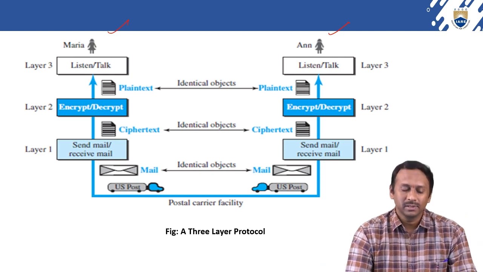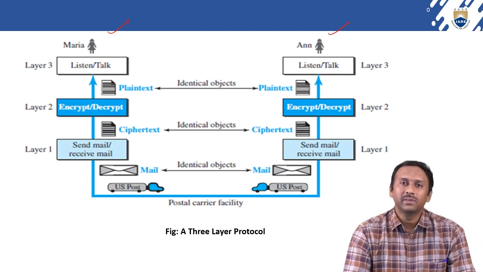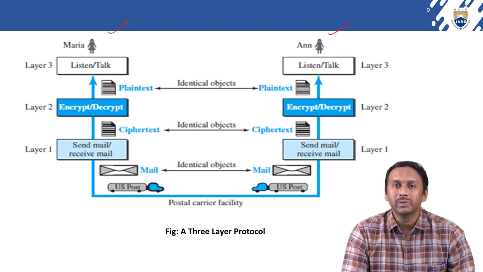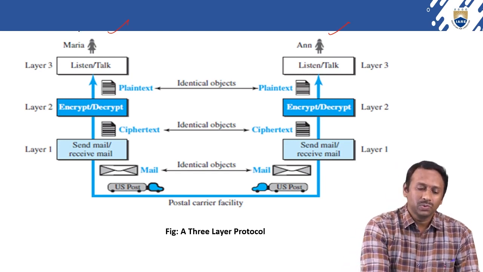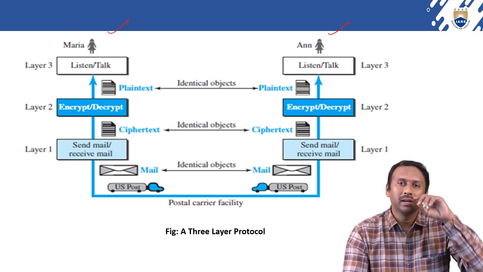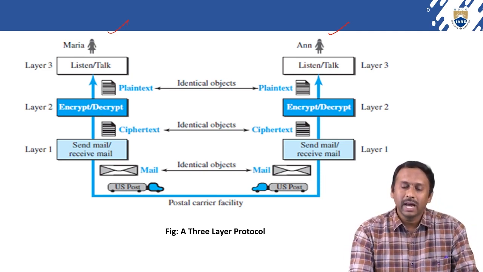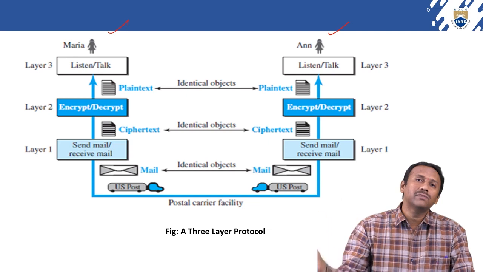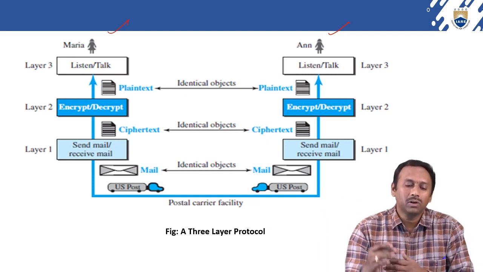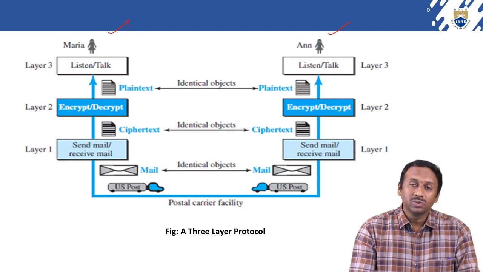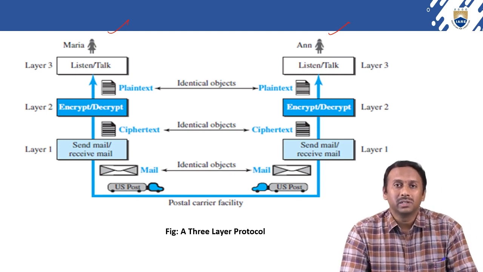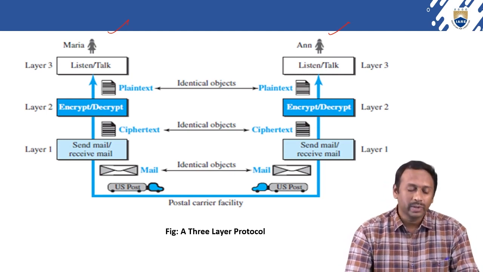Remember, they are not neighbors. Maria is working in some company in one place, and Anne is working in the same company in a different branch, outside the city. Now Maria and Anne are going to communicate with each other about their innovative ideas.